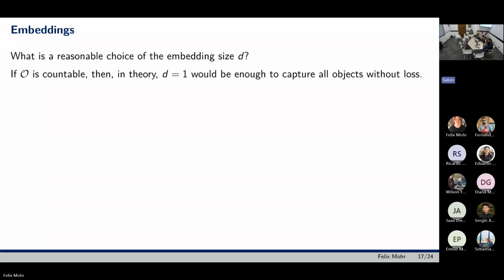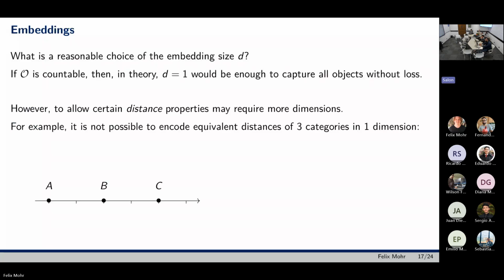So the lower my dimensionality, the more limited I am in expressing certain properties of distances. So look at this here. I have 3 points. And now my task is, how can I position the 3 points on a line so that, actually I want to treat them in a nominal way.